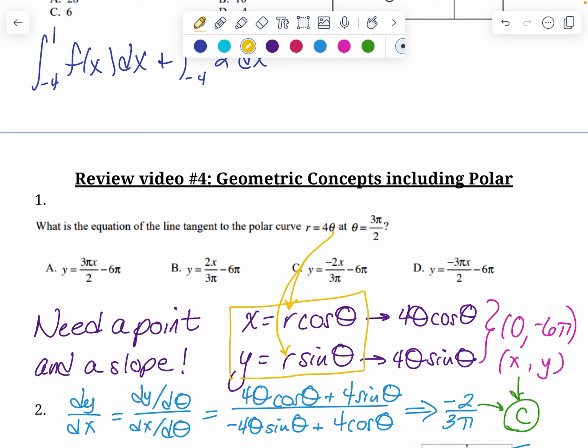Finding the derivative of y requires product rule, and finding the derivative of x with respect to theta requires product rule. Then you substitute in your theta value, and that gave me this slope. So I have this slope and this point, and if you put those together and maneuver a bit, you will see that that is answer choice C.